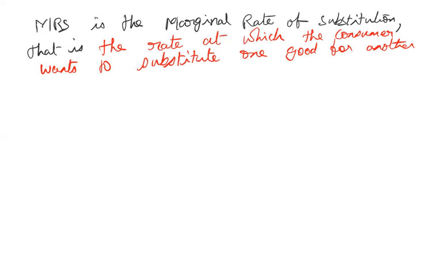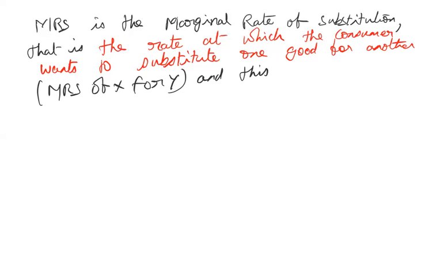This is MRS of X for Y. And again, one of the most important features of this MRS, the marginal rate of substitution, is that it keeps on decreasing, diminishing. The decreasing marginal rate of substitution is the base for indifference curve analysis.